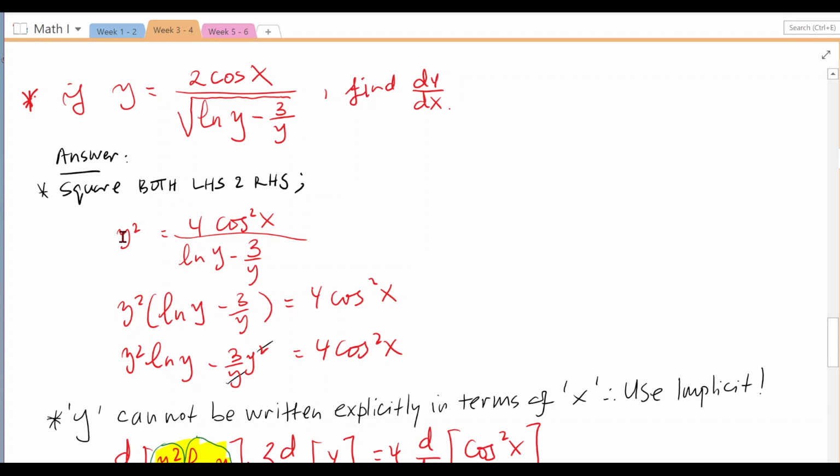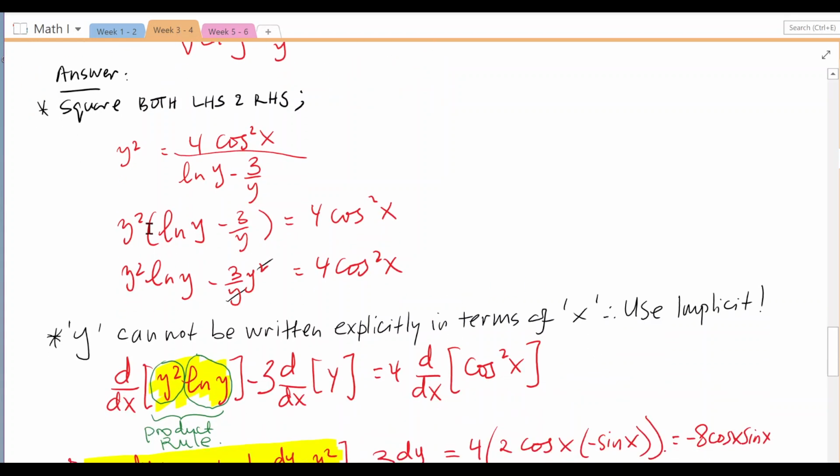So we only end up with y squared equals 4 cos squared x over ln y minus 3 over y. Moving the denominator to the left hand side, we have y squared times ln y minus 3 over y equals 4 cos squared x. Combine the terms with the brackets, y squared times ln y minus y squared times 3 over y.